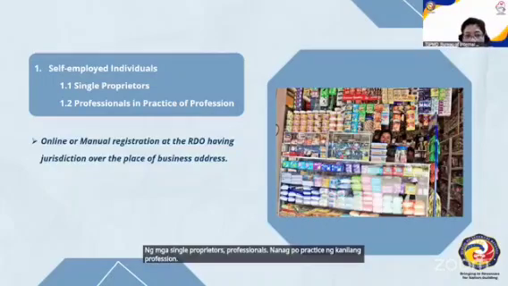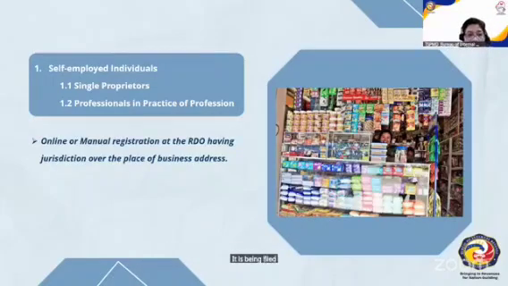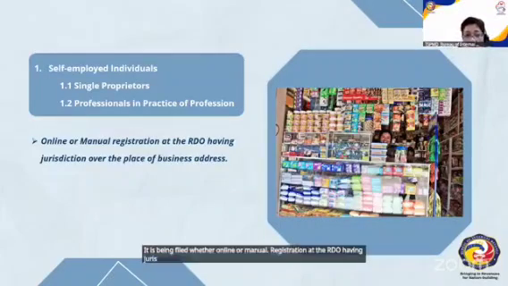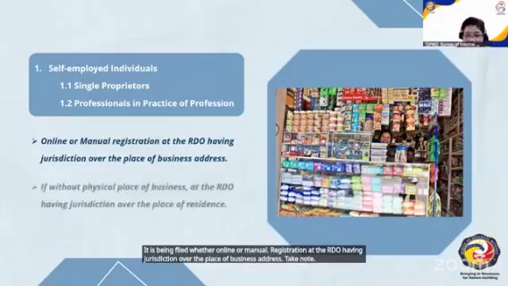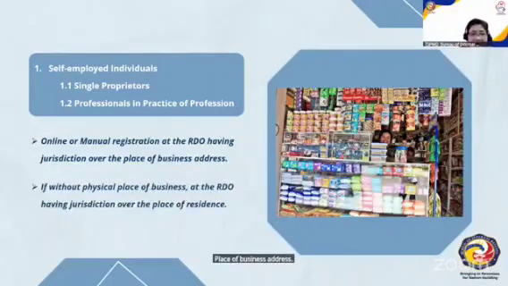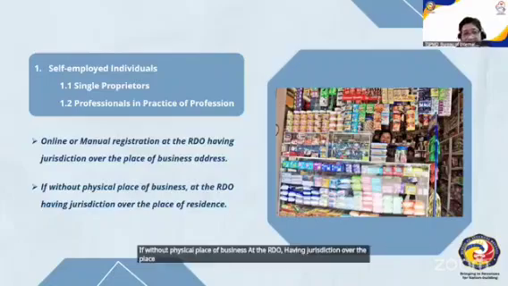It is being filed whether online or manual registration at the RDO having jurisdiction over the place of business address. Take note, place of business address. Okay? If without physical place of business, at the RDO having jurisdiction over the place of residence. Please take note of that.